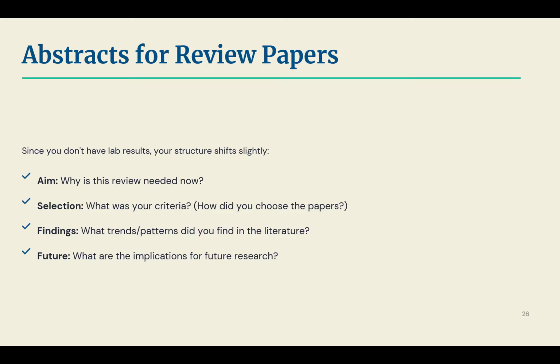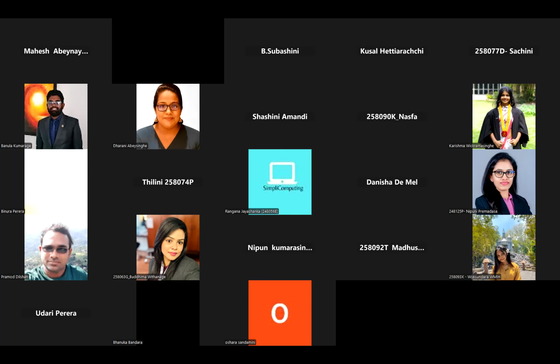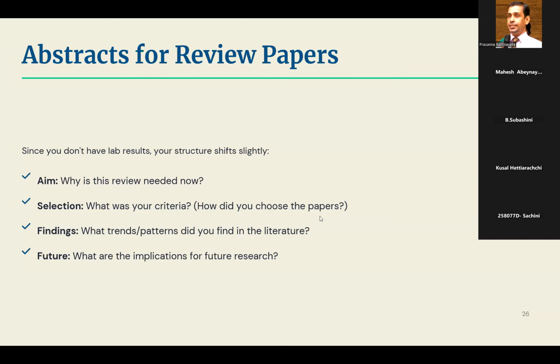You have to tell why this review is needed. That is the aim, right? And in your review, the article inclusion criteria: what was your criteria for choosing articles and papers for your review? And then your findings, and the future.